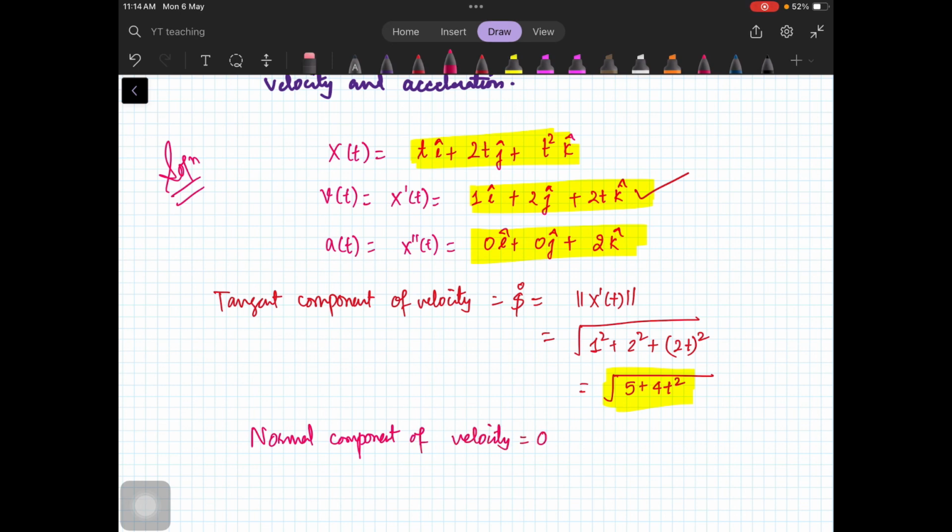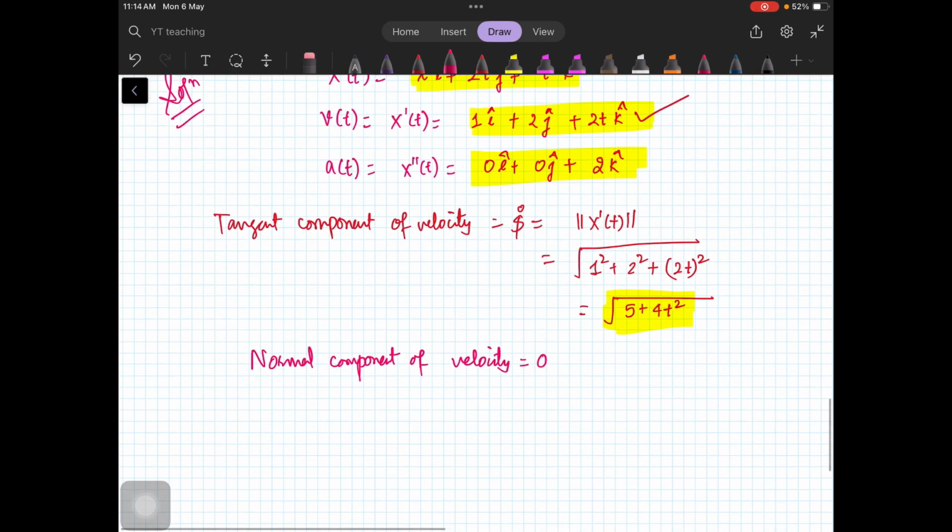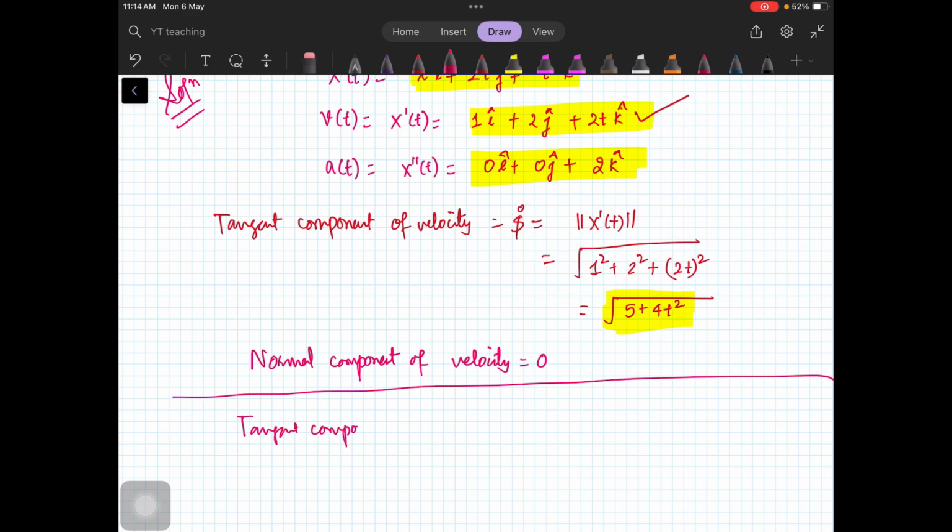Right? Now we can look for acceleration. So the tangential component of acceleration is s double dot. So that would be d by dt of s dot. S dot we just calculated here.